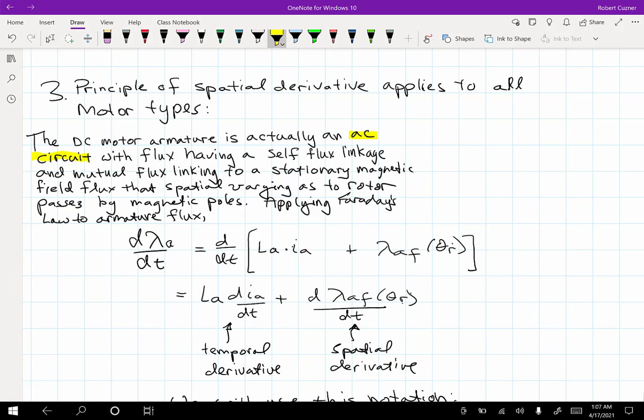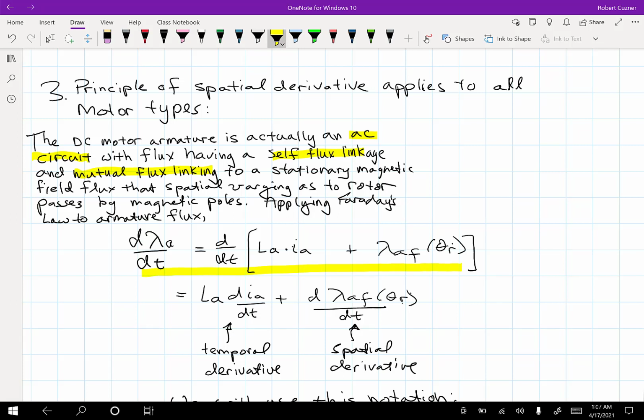It has a self-flux linkage and has a mutual flux linking to stationary magnetic field flux, and that flux varies spatially as the rotor passes by the magnetic poles. So if we apply Faraday's law, we get this expression here.